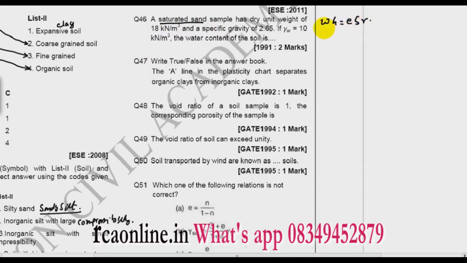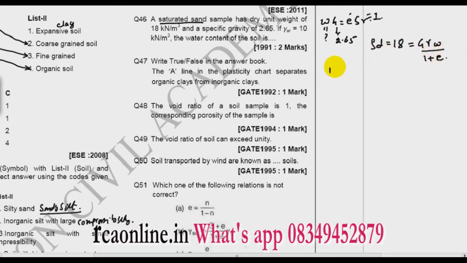Now if you see, w has been asked, G is given as 2.65, e I don't know, Sr is given as 1. To find the e, they have given me one more clue in the question that gamma D is equal to 18. And what is gamma D, friends?